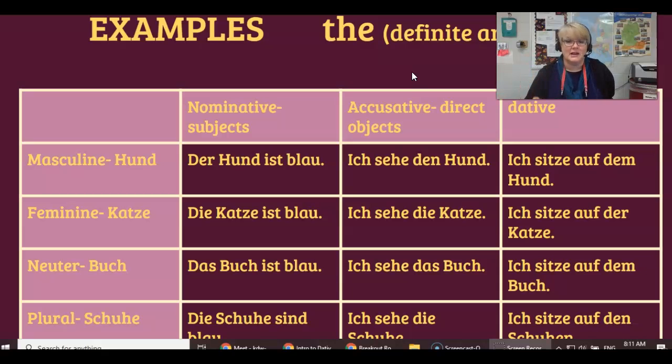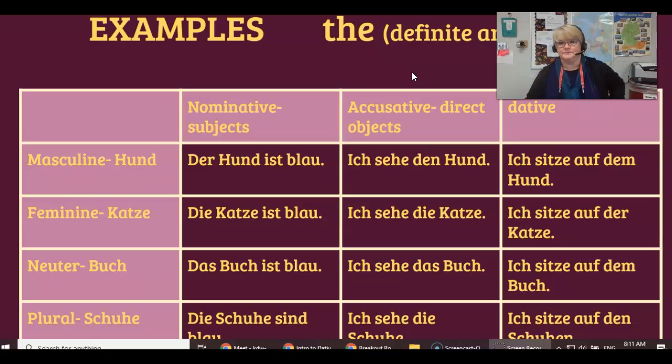Because the dog is masculine when he's the direct object, like I'm the one doing the seeing and the dog is the thing I'm seeing, that makes him the direct object. So der changes to den. Everything else stays the same. So ich sehe den Hund, and then ich sehe die Katze, ich sehe das Buch, ich sehe die Schuhe. Nothing strange there.